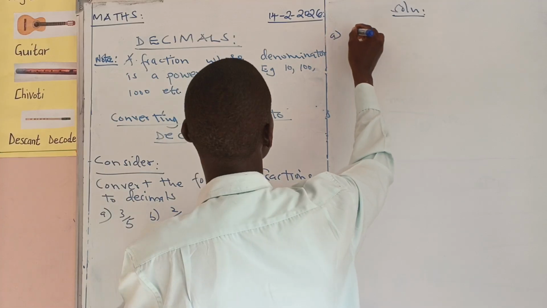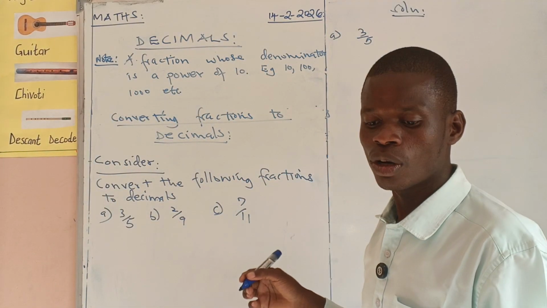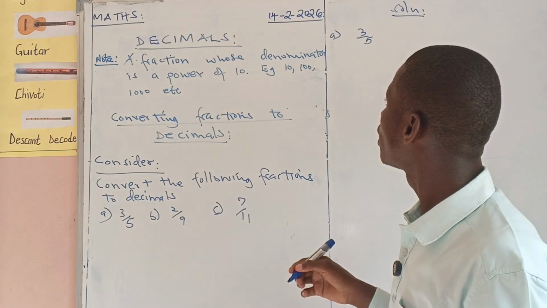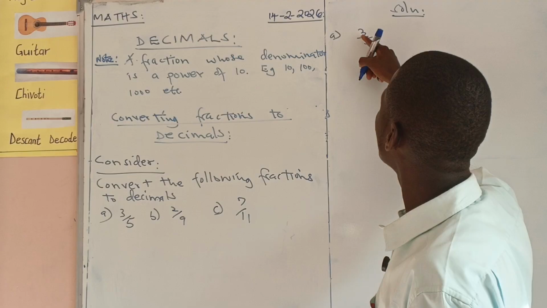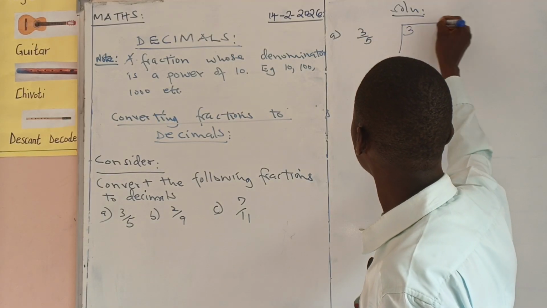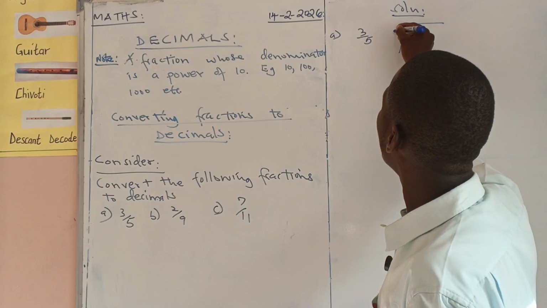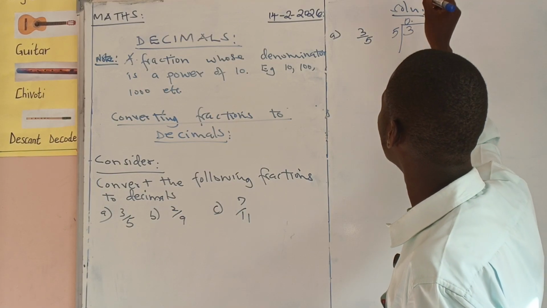A, I have 3 over 5. So the only way to convert a fraction to a decimal: I take the numerator and divide by the denominator. The numerator here, 3, becomes our dividend. Then 5 becomes our divisor. Can 5 divide 3? No, so 0.